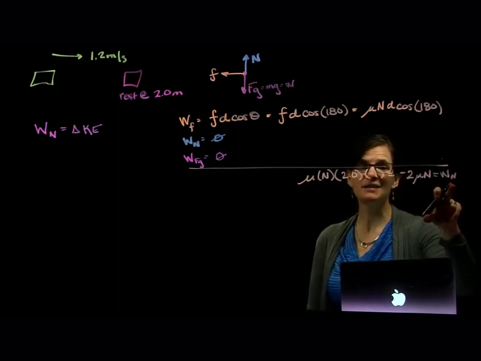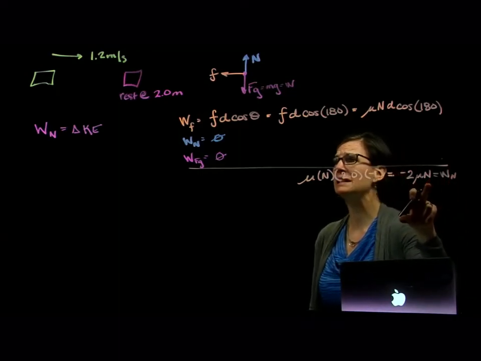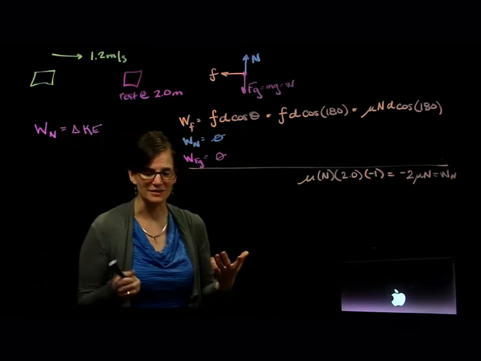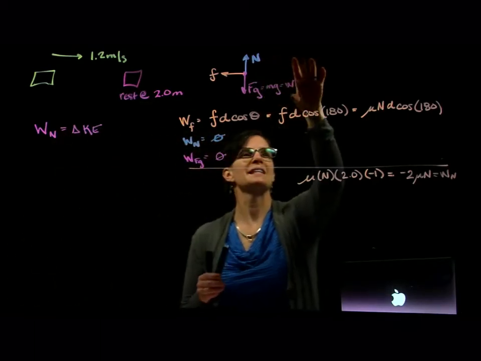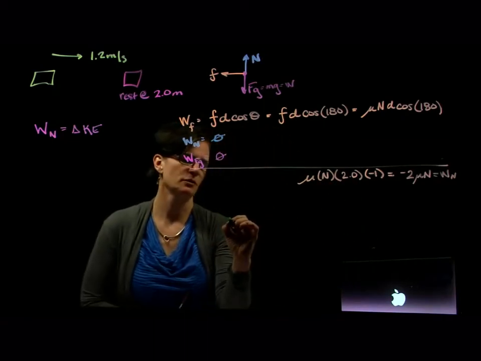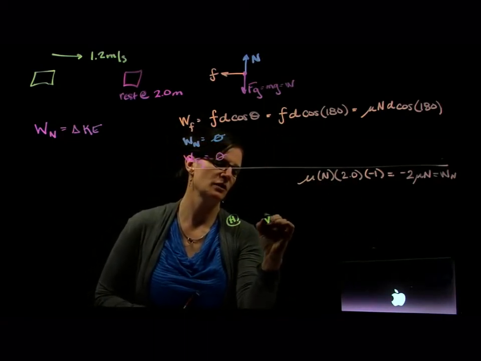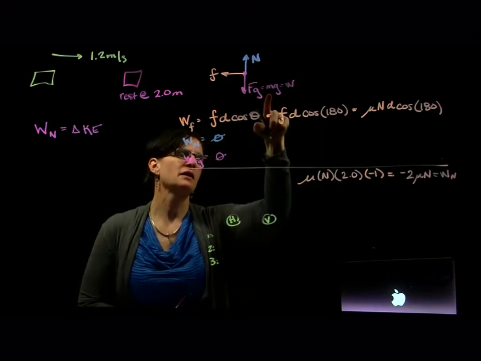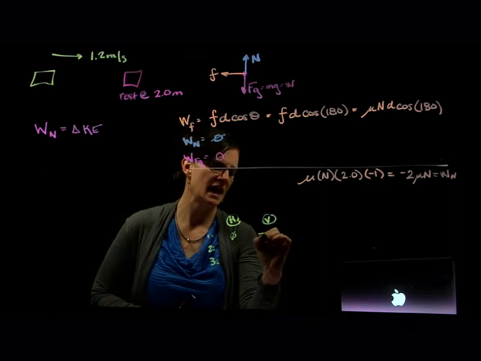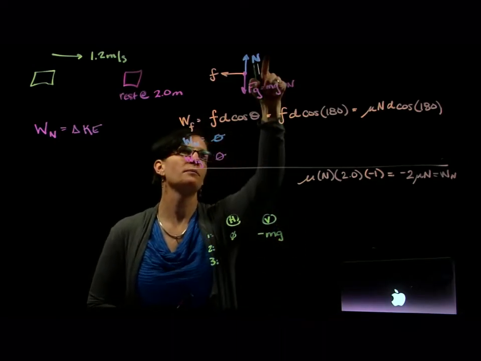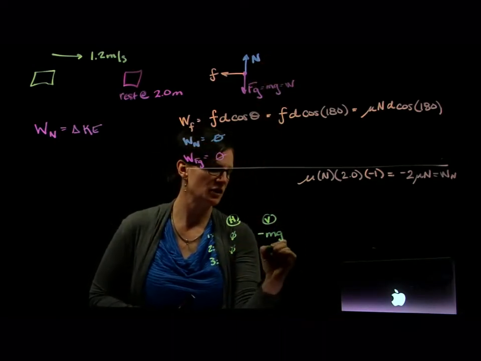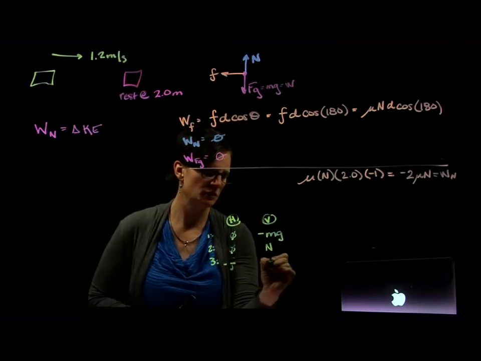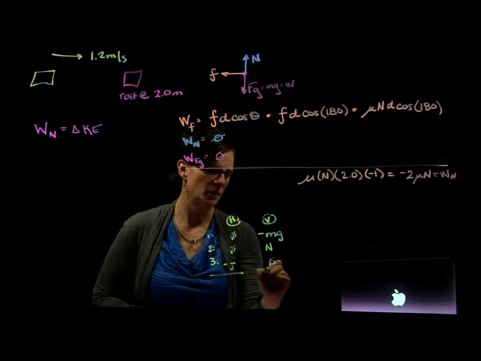Now we're interested in this coefficient, so I need the net work, and I also need the normal force. To get the normal force, we're going to do a little bit of force analysis. If we divide our forces into horizontal and vertical directions, the force of gravity only has a vertical component, the normal force also only has a vertical component, and the force of friction has a horizontal component.